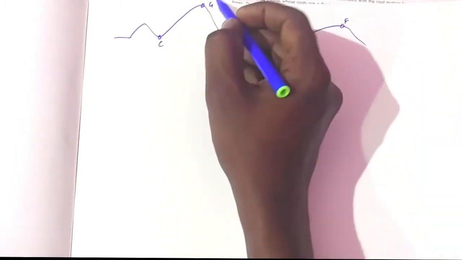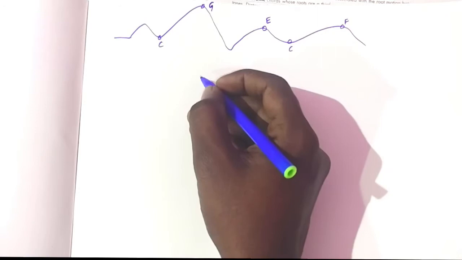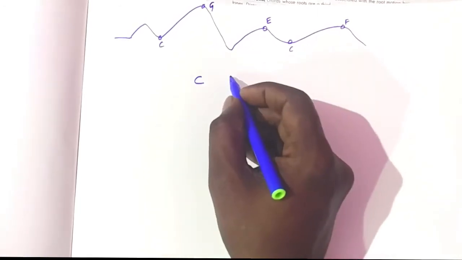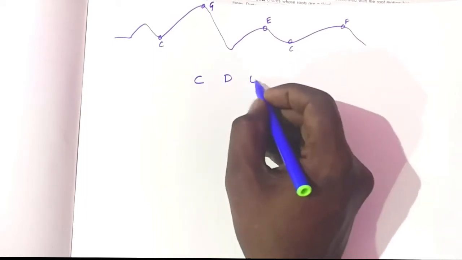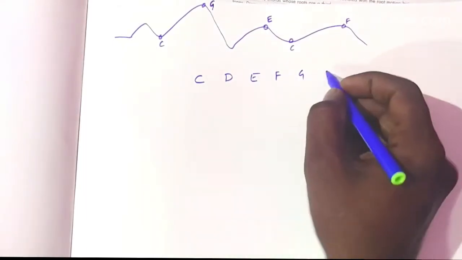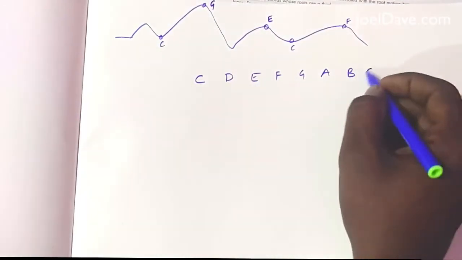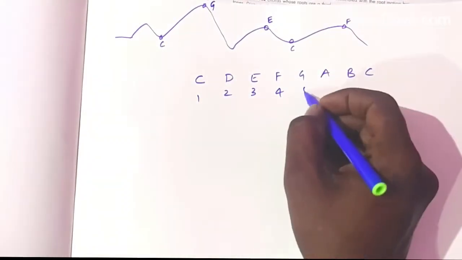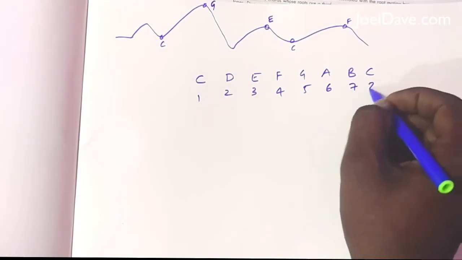If the melody note is G, let me write down the diatonic scale: C, D, E, F, G, A, B, C. So 1, 2, 3, 4, 5, 6, 7, 8.